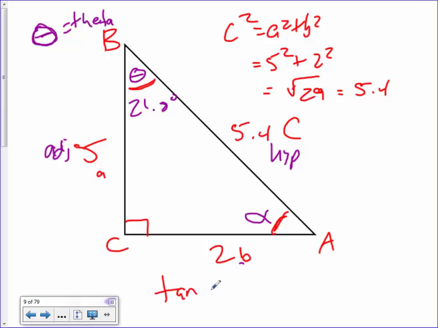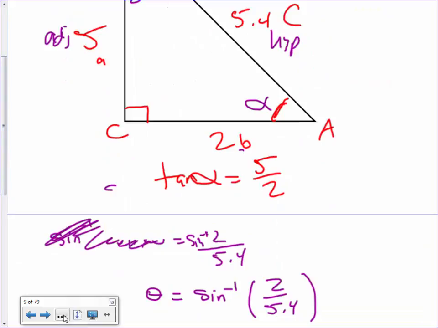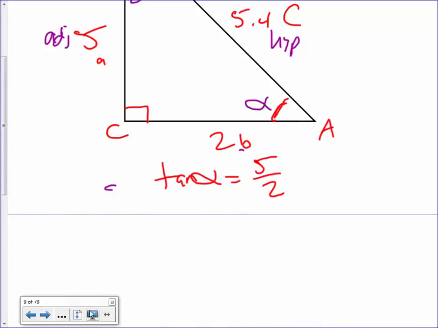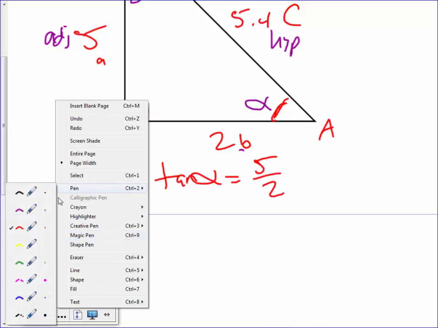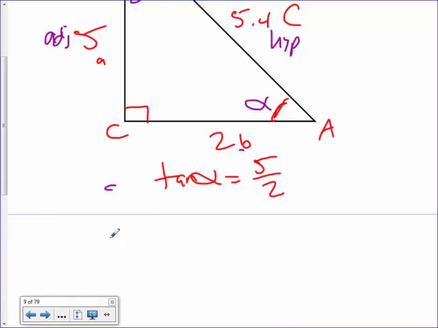The tan of alpha would be equal to the opposite. What is opposite of this angle right here? Yeah, I know I wrote adjacent for it, but now it's the different angle. So now the opposite is the 5. And what's the adjacent to the alpha? Good, okay. So then algebraically, if you haven't seen this before, let me just do it again. How do you undo a tan sign? Yeah, call it an inverse tan.